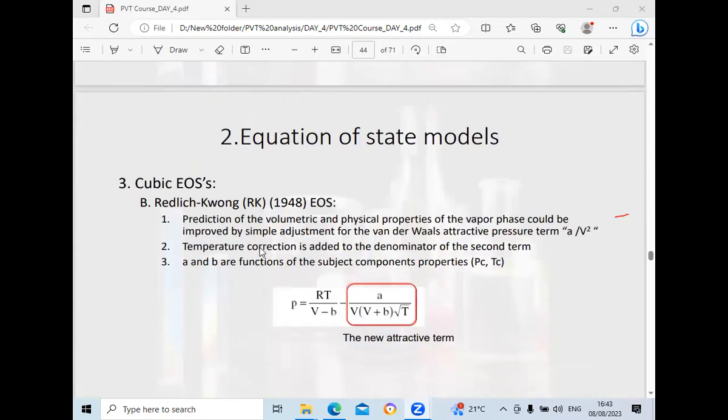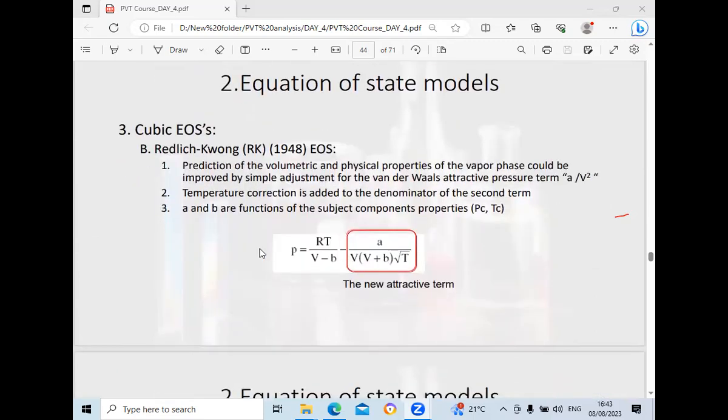All right, so our next equation is the Redlich-Kwong equation that was developed in 1948. In the equation, you can actually see a difference from the Van der Waals equation.